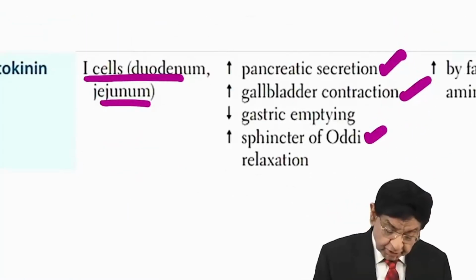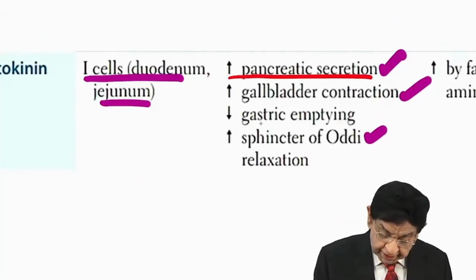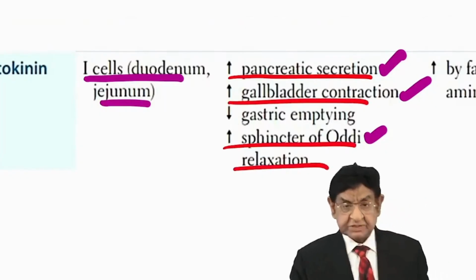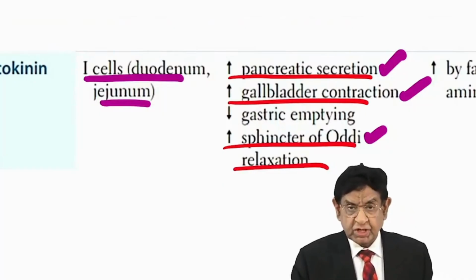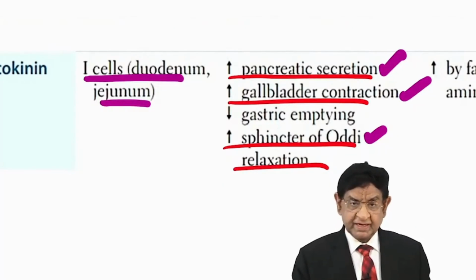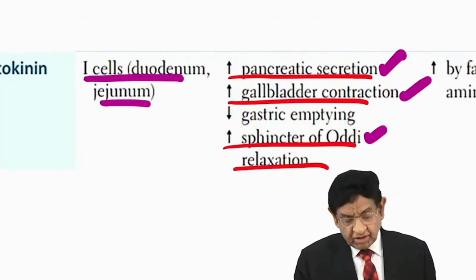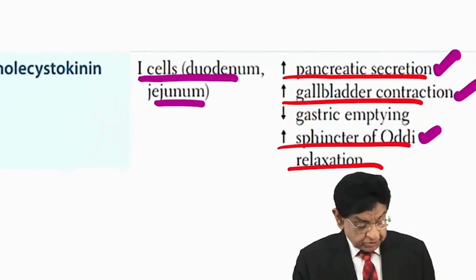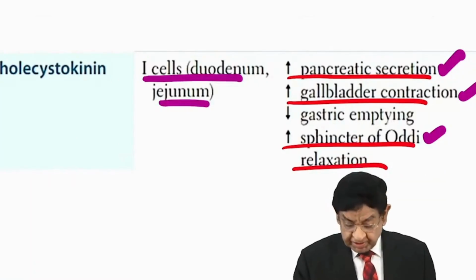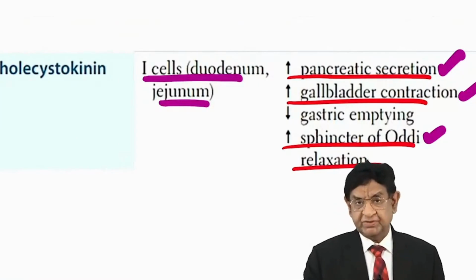Again, I am talking about what is relevant to my talk today. There are three things I am concerned with for today's talk. You also note down what is relevant to our talk on the gallbladder. So cholecystokinin increases pancreatic secretion, increases gallbladder contraction, and relaxes the sphincter of Oddi.